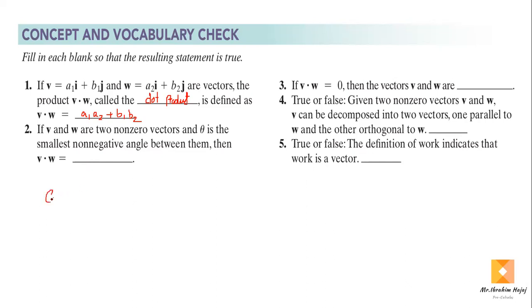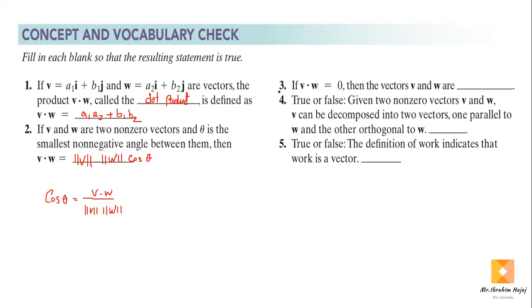We have cosine theta equals V dot W over magnitude V times magnitude W. So V dot W equals magnitude V multiplied by magnitude W times cosine of the angle theta.